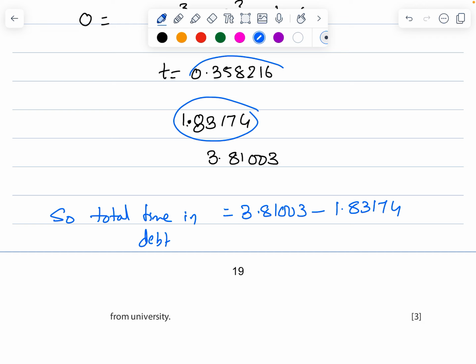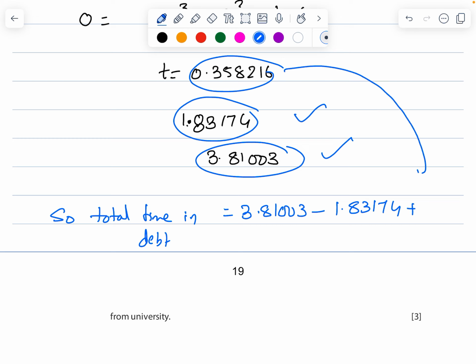So he will be at 0 at these 3 points. Between these two, he was in negative. Then again he came back to 0. Then again, plus the initial 0.358216. So totally it is going to be 2.34 years. In 2.34 years, he will be in debt.